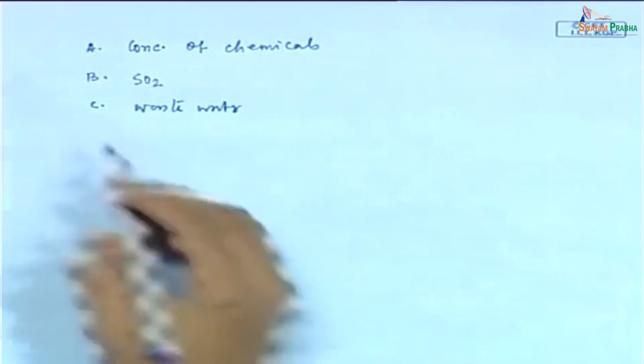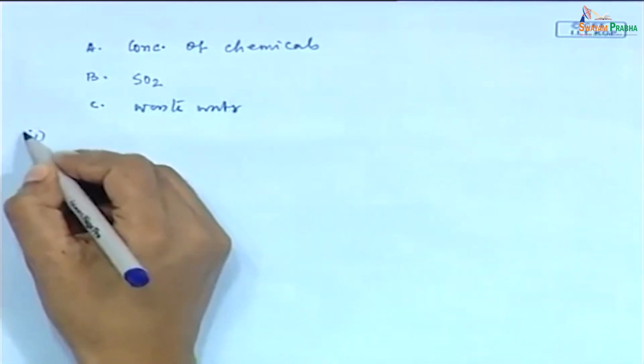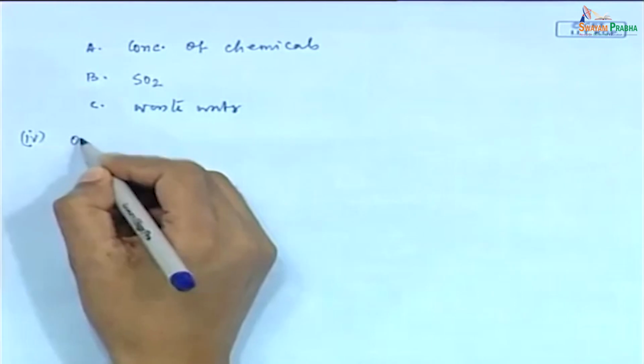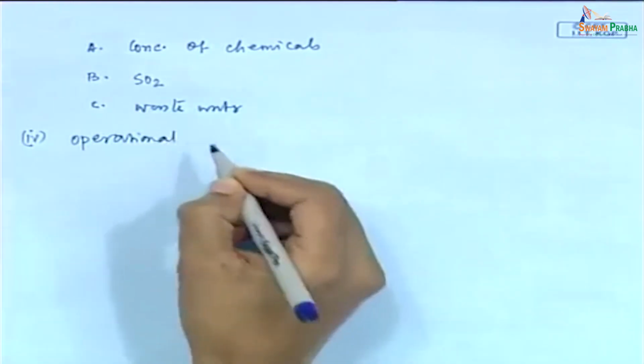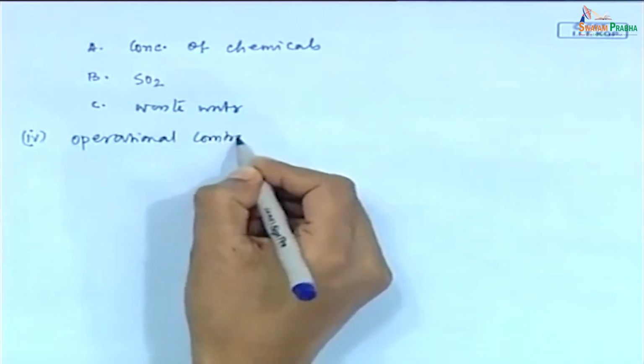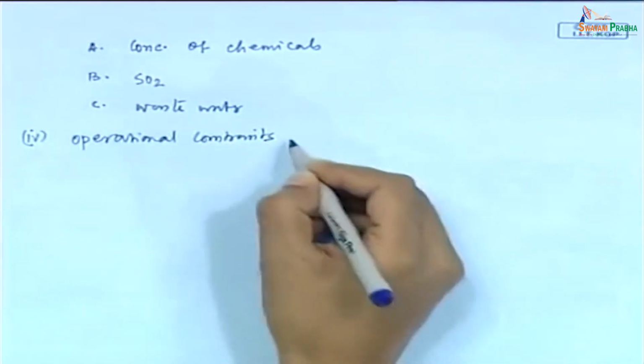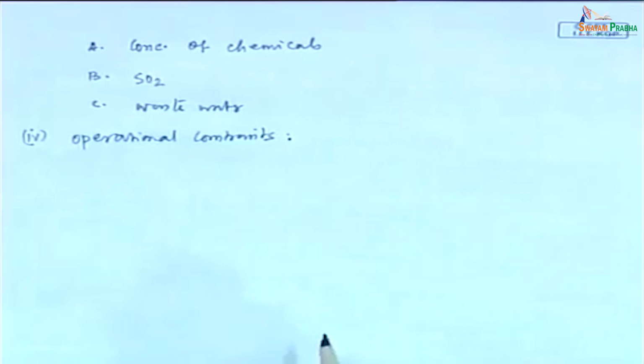Fine. Next important requirement is operational constraints. The plants have certain constraints inherent to the operation.